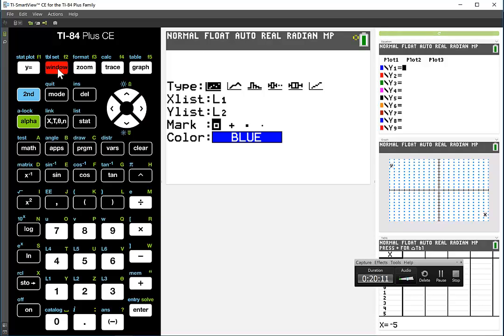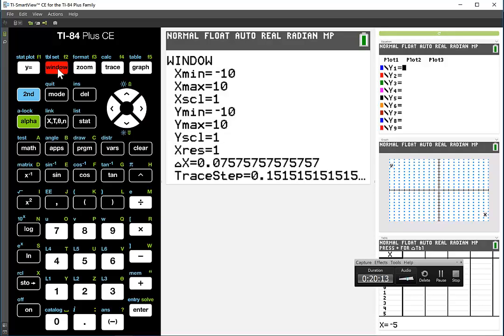My window, remember, is going to be based on my data. So I'm going to have my X-min be 0, and I'm going to have my X-max be 6. Actually, we can have that be 10. That might give us a better window there. I'm going to put a tick mark on the scale of 1 through 10.